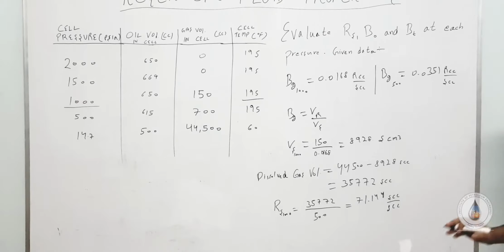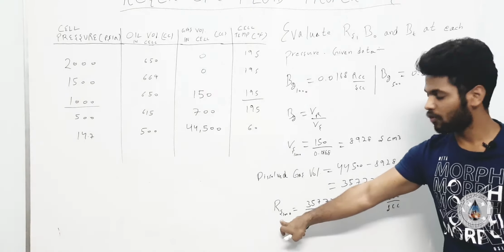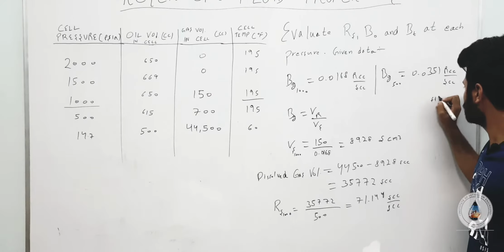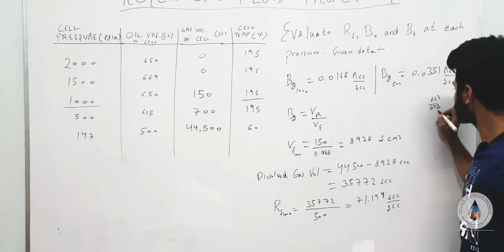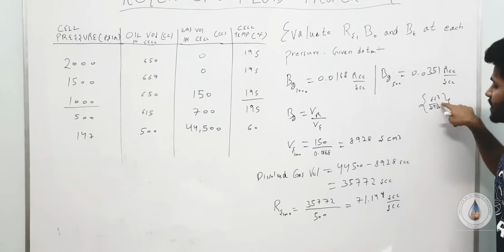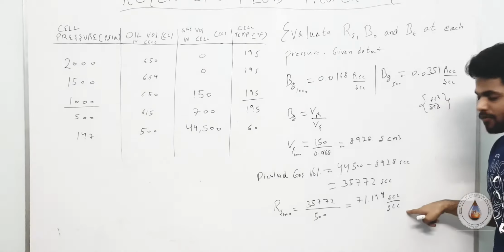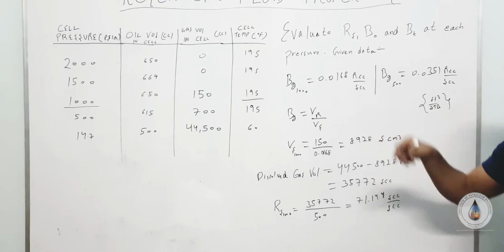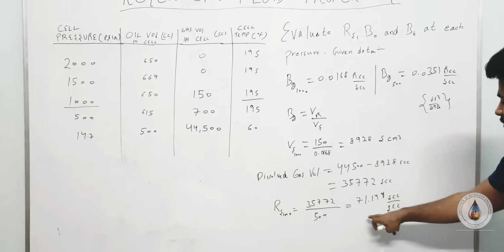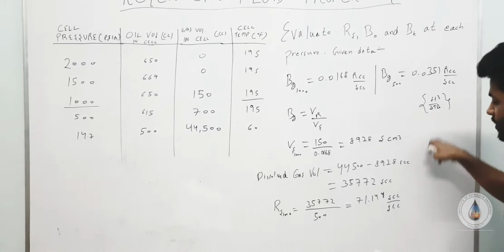Okay, but I evaluate my value of Rs as feet cube per stock tank barrel. Remember, these are the field units. What we have got here are the units according to our question. So I'll have to convert my units to get my final value in terms of field units.